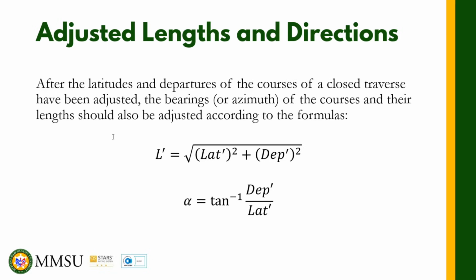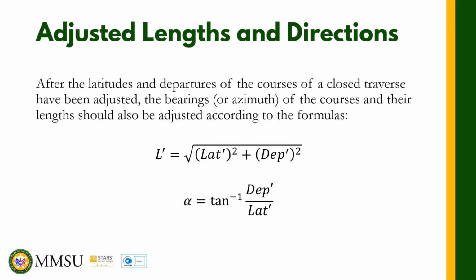Okay, and then pagkatapos nating ma-compute yung linear error of closure, gagamitan natin ng rule. Meron tayong 4 na rule for the traverse adjustment. Kapag na-adjust na natin yung latitude and departure, gagamitan na natin ng formulang ito to compute for the adjusted length and the direction. Okay, so let us start with the compass rule.